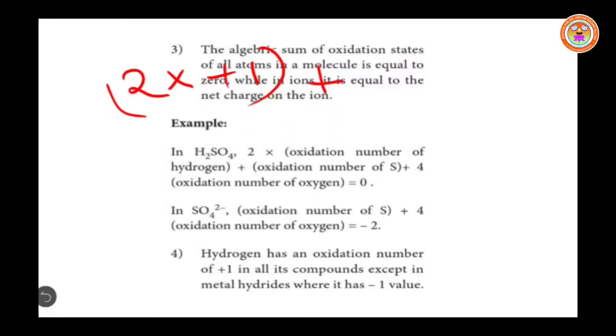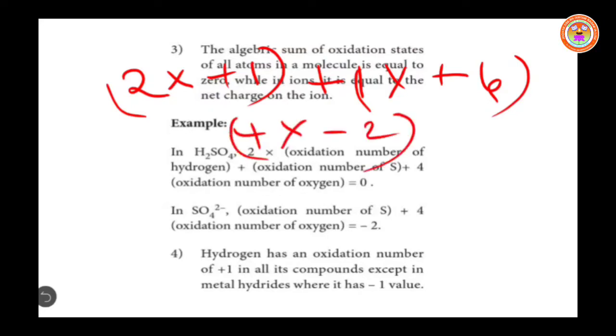Then there is 1 sulfur, 1 into the oxidation number of sulfur, which is plus 6. Then there are 4 oxygen atoms, so 4 into the oxidation number of oxygen, which is minus 2. Now we can sum up: 2 into plus 1 is plus 2, then 1 into plus 6, then 4 twos are 8, plus into minus gives minus 8.